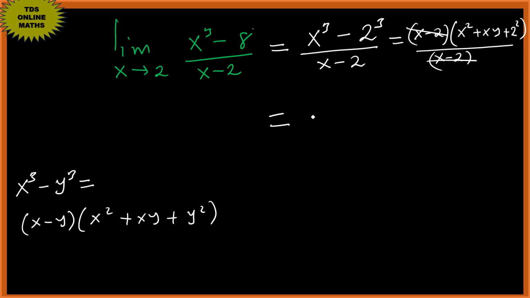Remember, y is 2, so the middle term is 2x. We are left with x squared plus 2x plus 4.